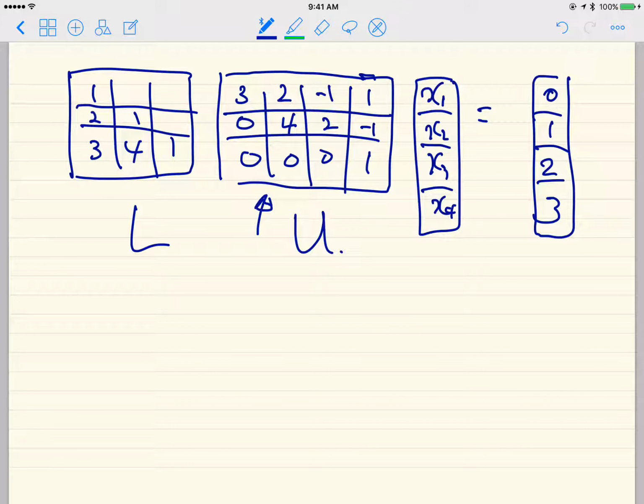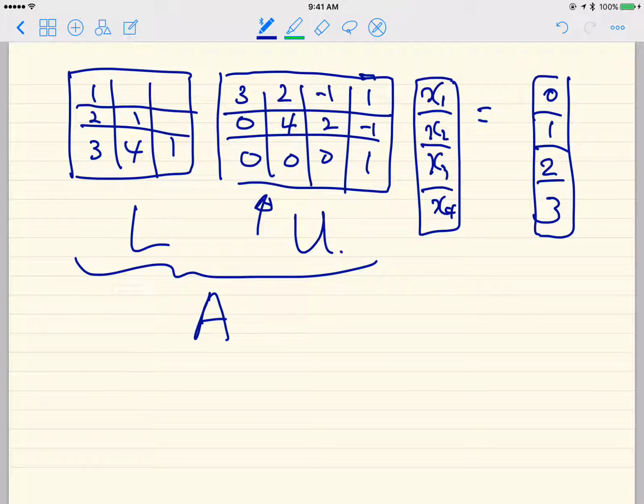If you are originally given the matrix A without any LU factorization, you will just do row reduction and obtain the reduced echelon form, and then the parametric vector form as your solution. If it has a unique solution, we are good.